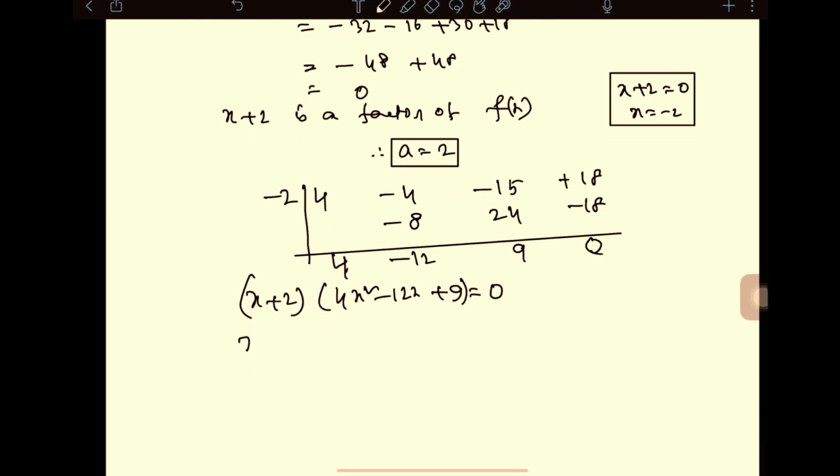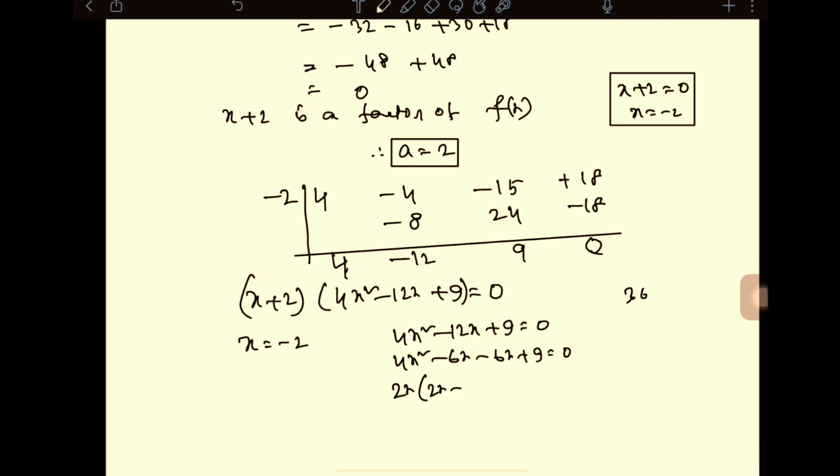So x equals to minus 2, and then if we factorize this one again, minus 6 minus 6, so minus 6x minus 6x plus 9 equals to 0. 2x minus 3, 2x minus 3 equals to 0. So x equals to 3 by 2. That is same thing for another x also. So we have got the result x equals to minus 2 and x equals to 3 by 2.